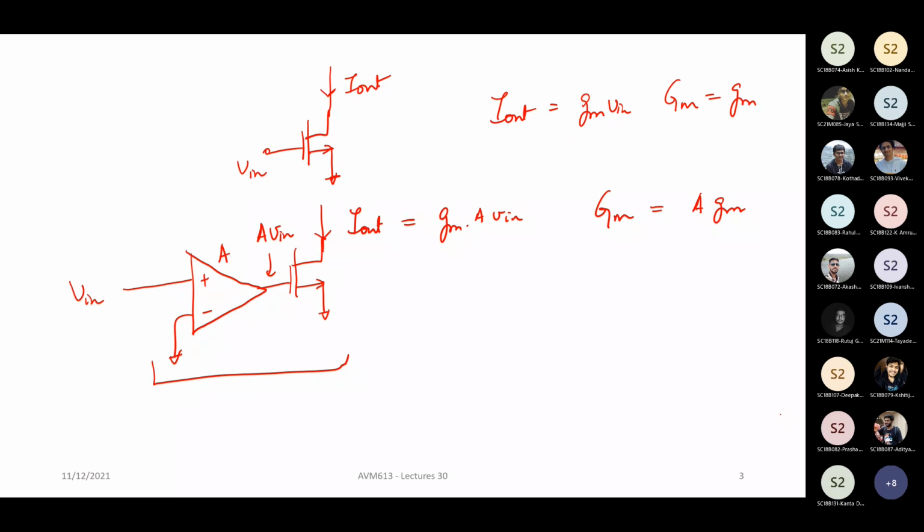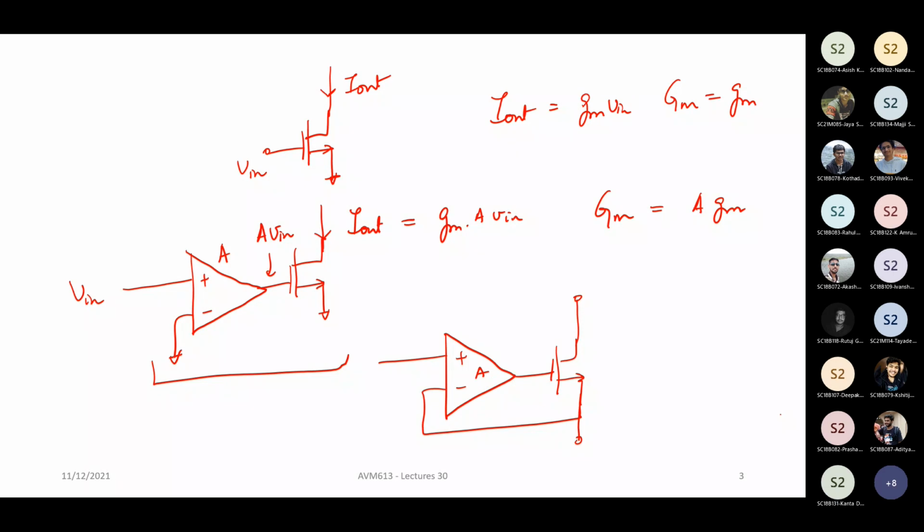Now you can say that instead of grounding it, we take this whole thing as the system. It's basically the same as before.